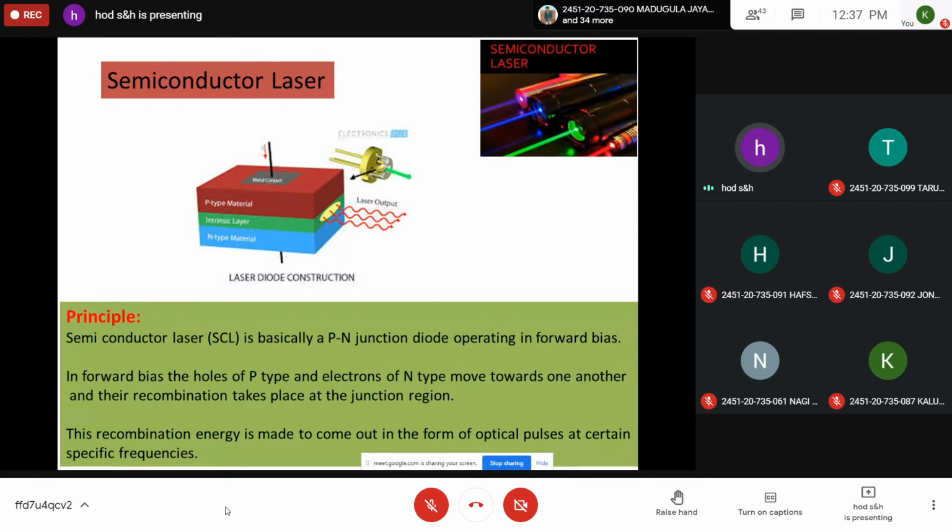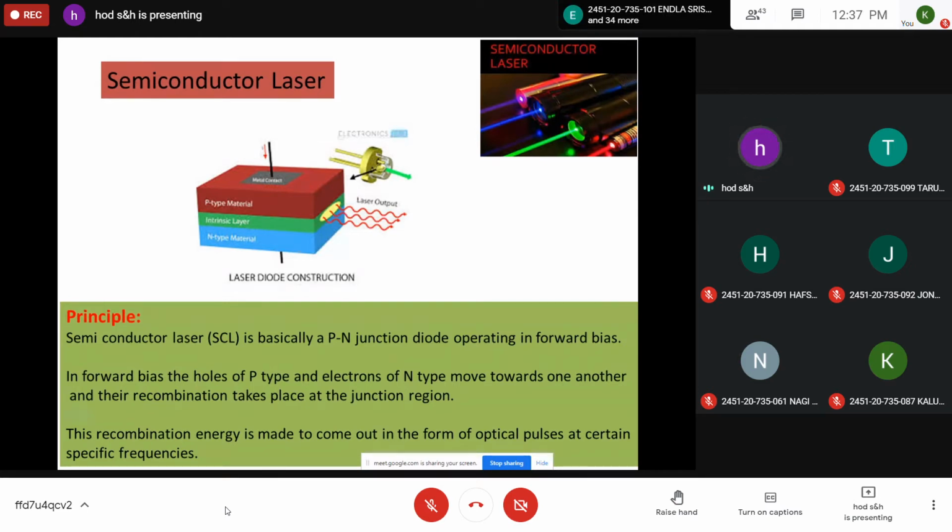So as I said, in forward bias, the majority carriers, holes of P-type and electrons of N-type, move towards one another in the junction region, and in the junction region, recombination of electrons and holes takes place. This recombination energy is made to come out in the form of optical pulses or laser light at certain frequencies. So this is the principle of a semiconducting laser.